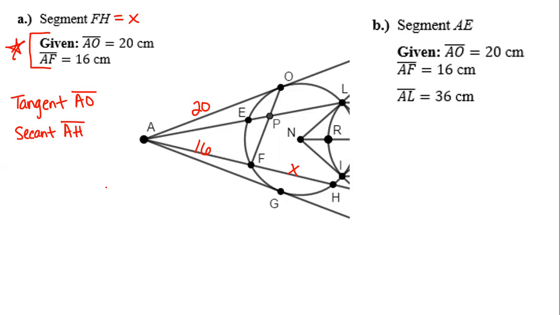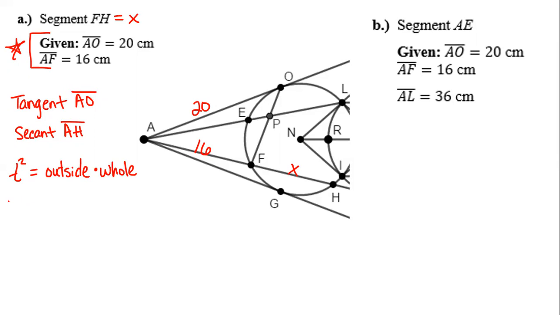So we talked about theorems dealing with finding segment lengths, dealing with two tangents, two secants, a tangent and a secant. So I have a tangent and a secant. So it was tangent squared equals the outside of the secant times the whole secant.